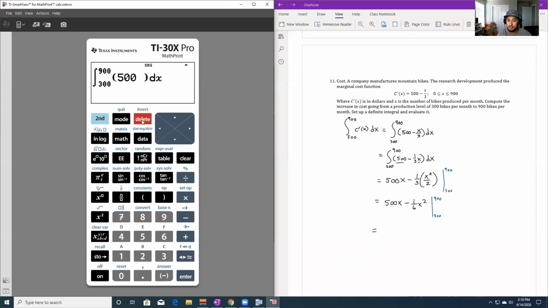Not 500x, just 500 minus 1/3 x. Remember to type in the original function. Do not type in the antiderivative here, or we'll get it wrong. 500 minus 1/3 x, and we'll get 180,000.